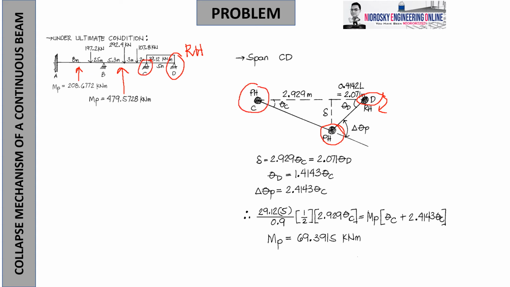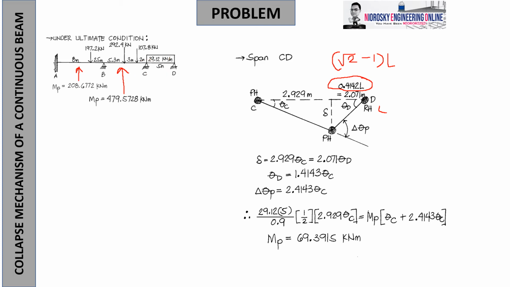Okay? Now, we already derived that the distance of the plastic hinge nearest to the hinge or roller support that is under real hinge is taken as 0.4142L, or if you want, you can use the square root of 2 minus 1 times the span. Already derived before. And the span is 5 meters as given on span CD. Now we can substitute that.